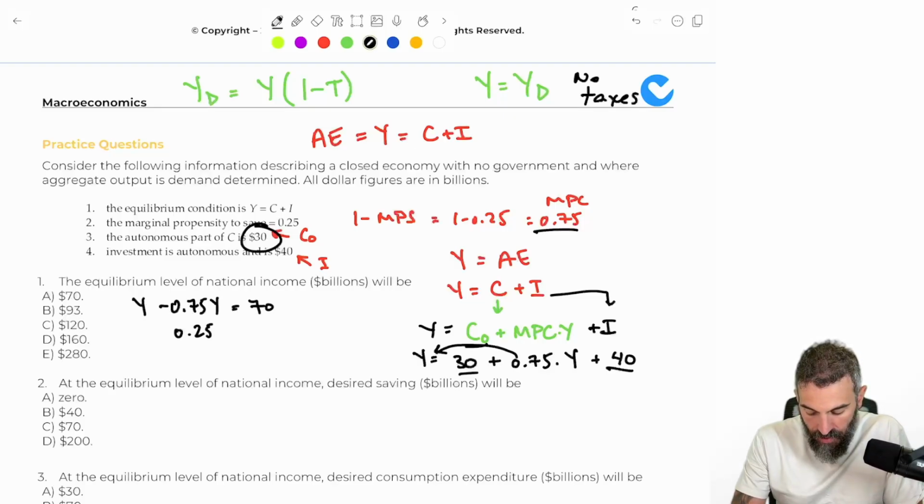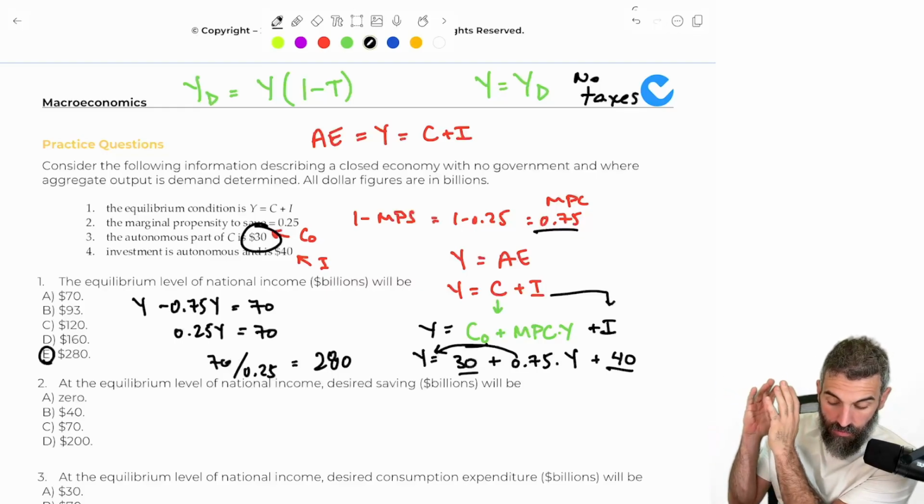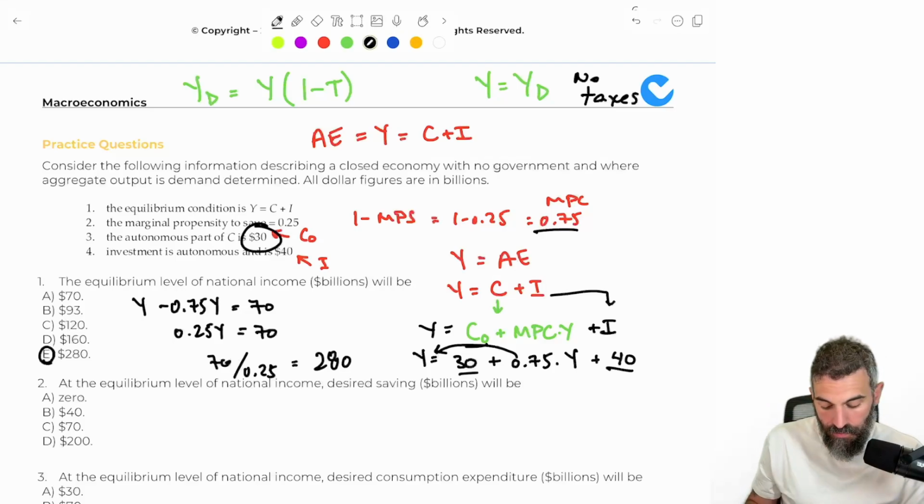So 0.25Y equals 70. 70 divided by 0.25 is 280. The answer is E. The national income required for your GDP to equal your aggregate expenditure is 280.